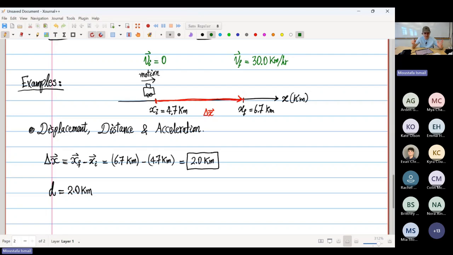We have initial velocity and final velocity. And that took the truck 20 seconds of its motion. So delta t, the time it took, is 20 seconds. And we want to calculate the acceleration.